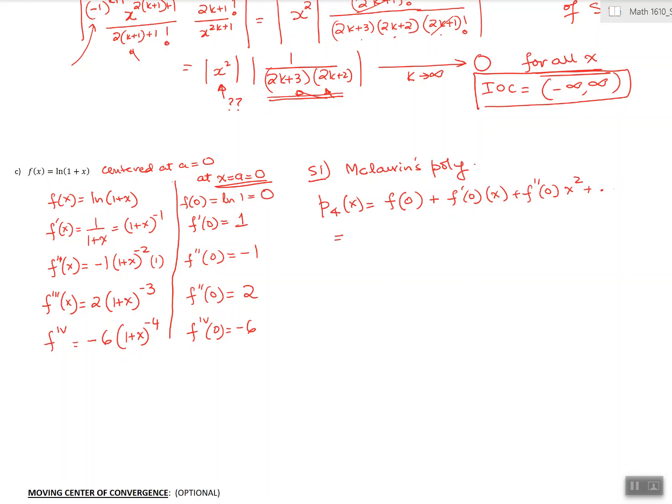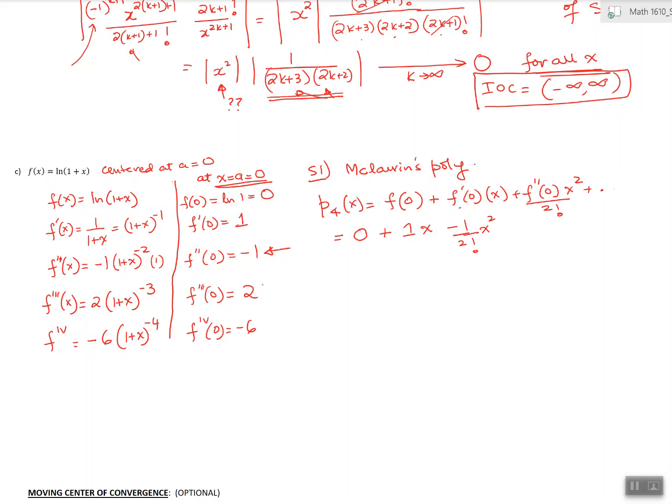So let's go. f of 0 is 0, plus f prime of 0 is 1 times x, then the second derivative is negative 1, and this has 2 factorial here, so divided by 2 factorial times x squared.